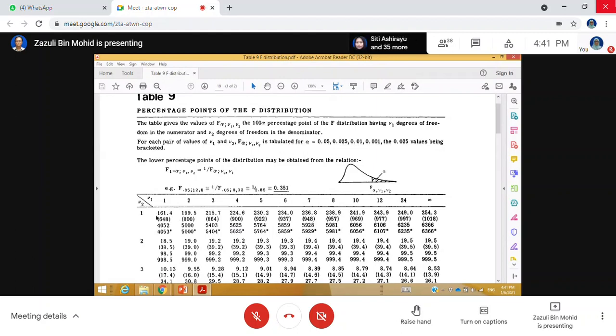The second is for the 0.025 alpha and so on.